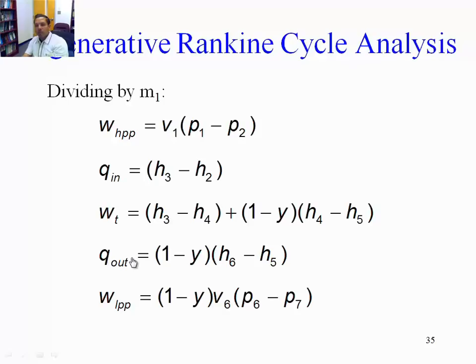Q out is the energy released in the condenser, which is 1 minus Y, because that's the proportion of mass flow rate going through the condenser, times H6 minus H5. And in the low pressure pump, the same amount of flow rate times the specific volume at 6, which is the same thing everywhere because it's liquid water that goes through this pump, times the delta P from 6 to 7. All right, so now we have enough formulation and enough elements to actually be able to analyze a system of a regenerative Rankine cycle.